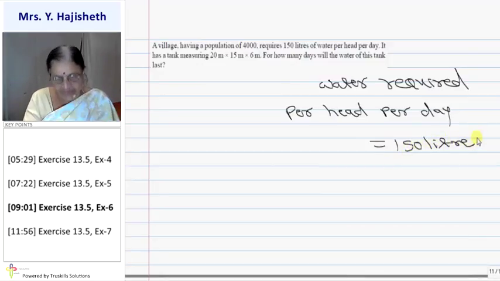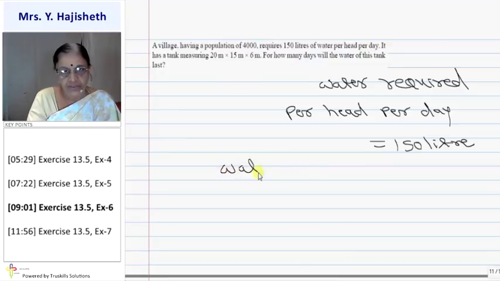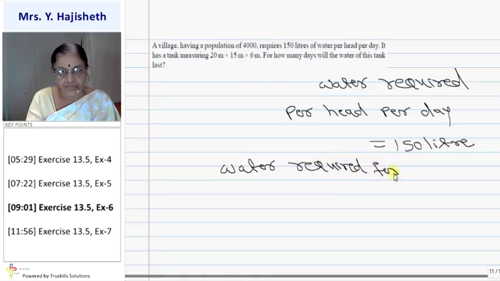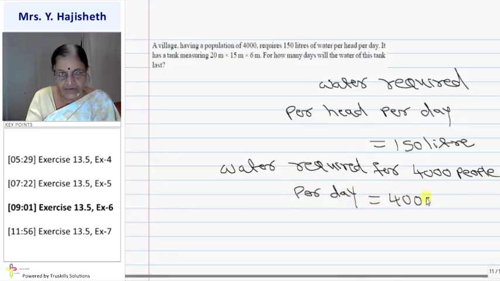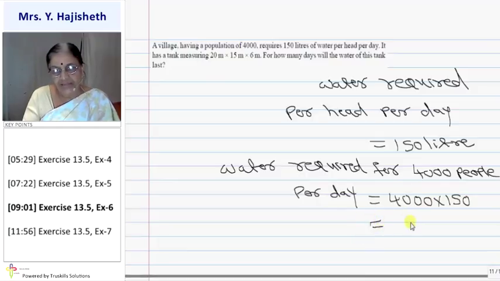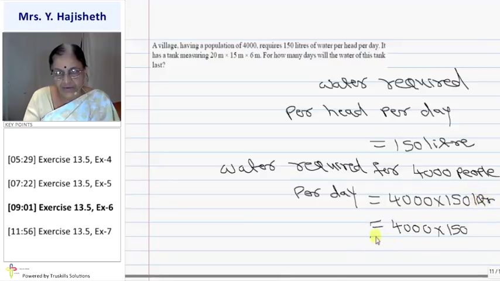So water required for 4,000 people per day is 4,000 multiplied by 150 liter. But I want to get my answer in meter cube. So it is 4,000 into 150 liter, divided by 1,000, because 1,000 liter is 1 meter cube.